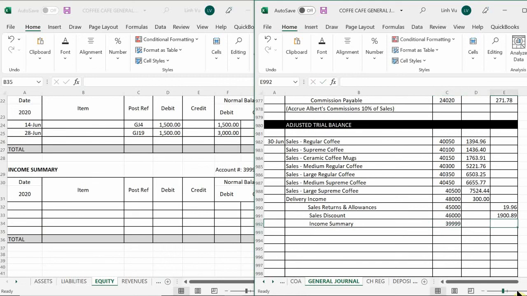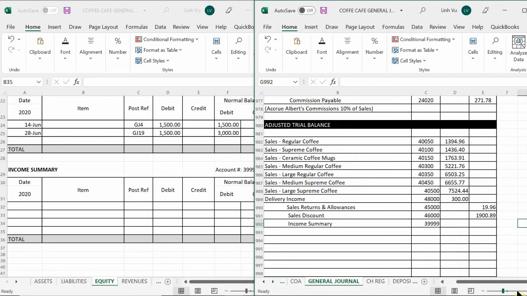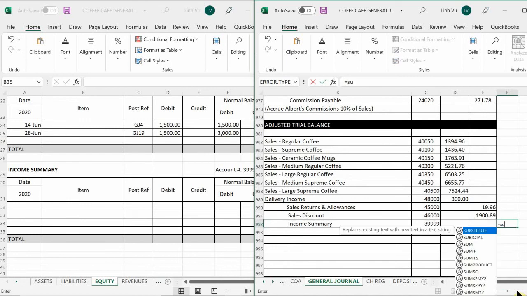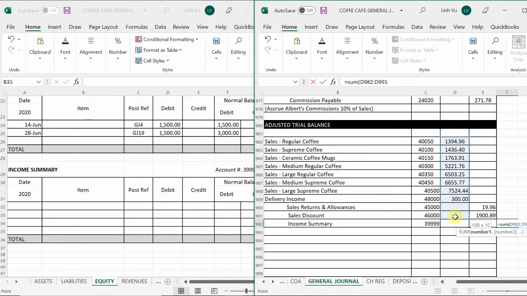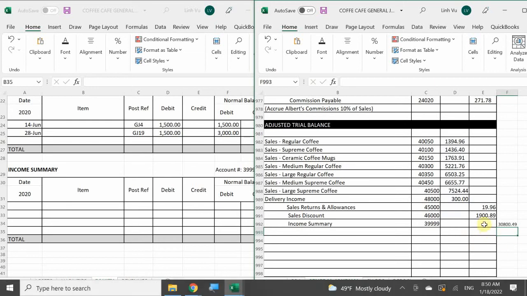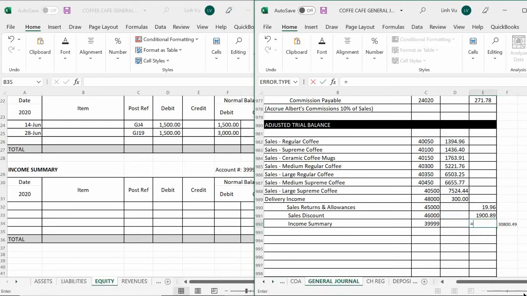Okay, and now we need to figure out what is going to be the total amount in my income summary. I could do calculations on the side here. So I'm going to go ahead and equal sum my total debits and my credits. So here's my total debits here.